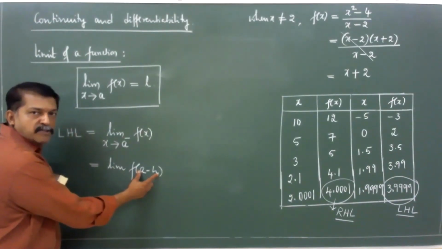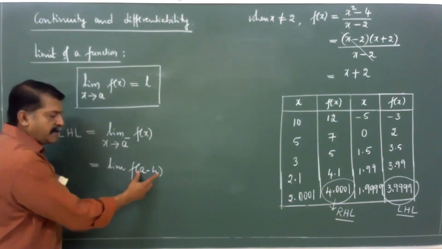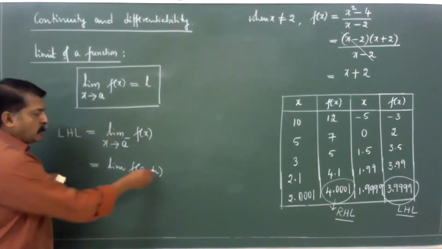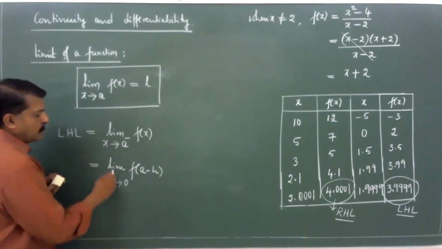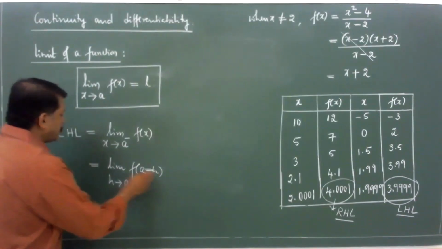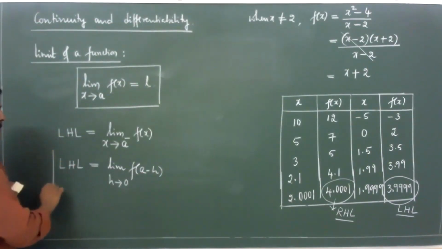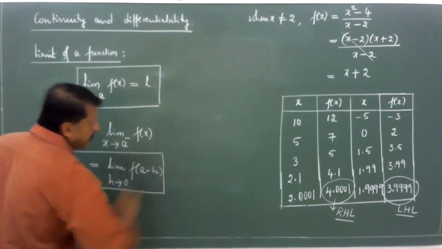Whenever h is positive, a minus h always gives you a value which is lesser than a. And those values must be close to a. To cover that, we have to take h tends to 0. Limit h tends to 0, f of a minus h will give you left hand limit. This is how we calculate left hand limit.